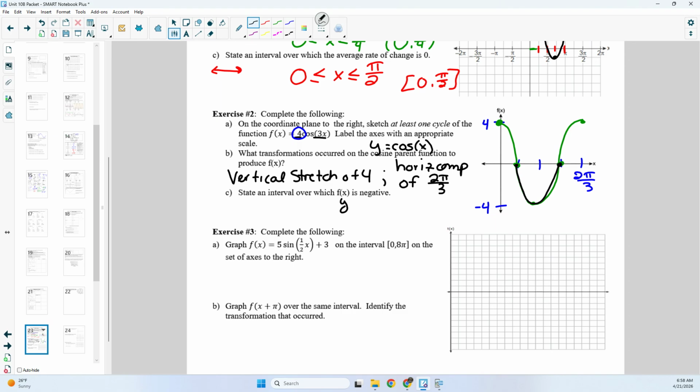So I'm actually going to have to figure out those quarter points. If I split this in half, I get pi over 3. If I split that in half, and maybe I think about degrees, pi over 3 is 60. So this would be pi over 6, which is 30. So I have 30, 60, 90 is pi over 2.